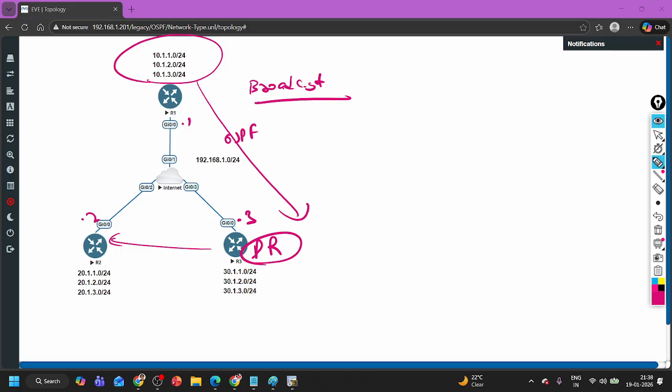Right? Router number 2 is not going to learn even the hub side route and spoke side 3 route, because the spoke router is the DR router here. That is the issue. So broadcast network type will not work in this scenario. What is the issue if router 1 is the DR and network type is broadcast?